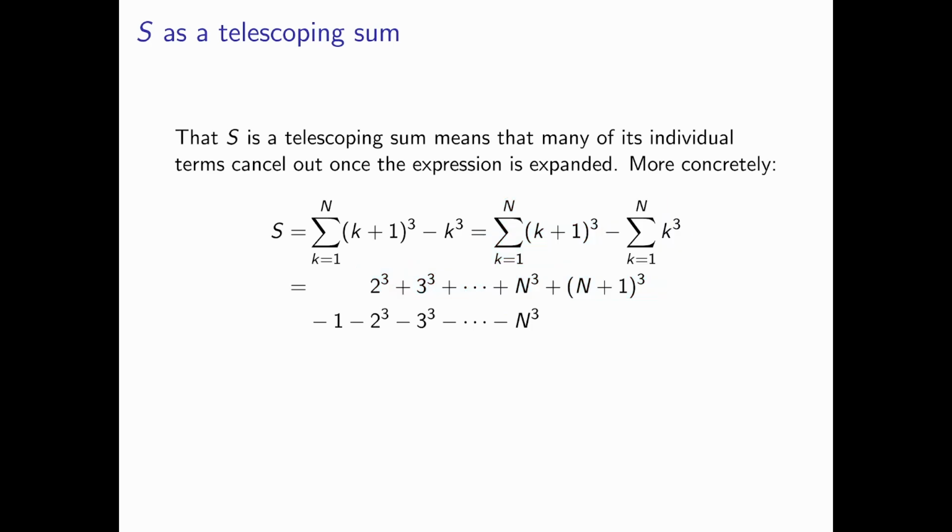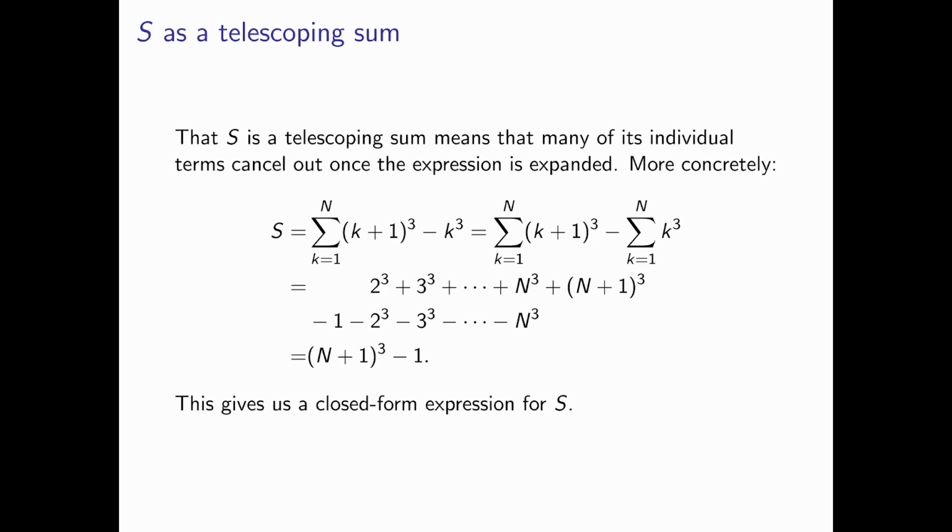So for instance, we get 2 cubed cancelled by 2 cubed, 3 cubed cancelled by 3 cubed, and all the way up to n cubed, which is cancelled by n cubed. And all terms in between just cancel out. And what are we left with? We're left with only two terms, n plus 1 cubed and then minus 1. So we know that s is actually equal to n plus 1 cubed minus 1, and we have now a closed form expression for it.